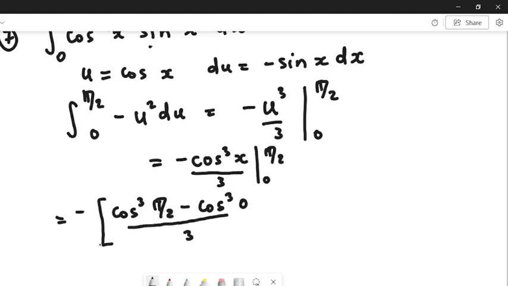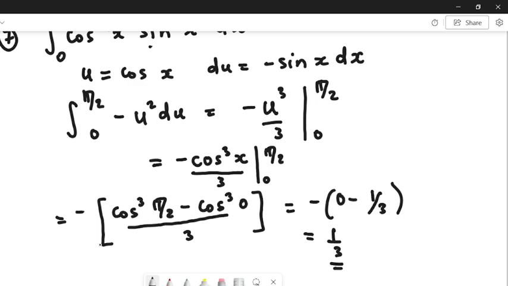Everything here is over 3. So we are going to get negative into 0 minus a third. That is simply a third. So that's the trick, you check.